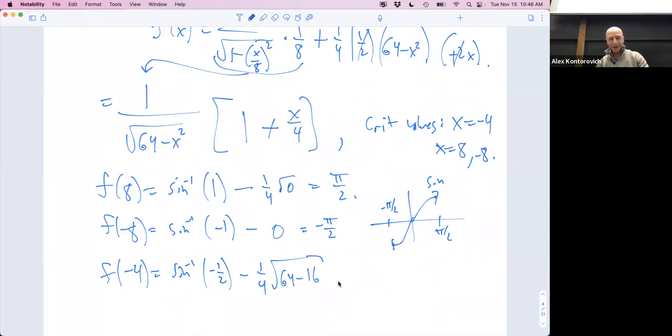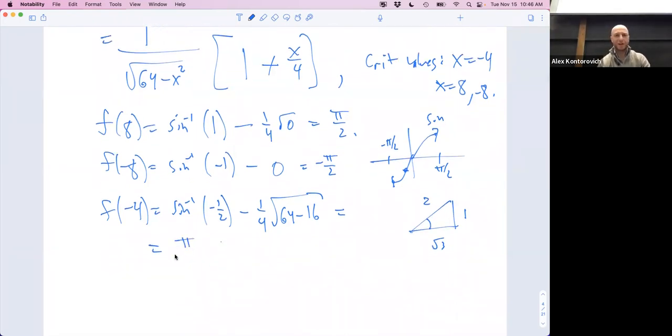Ugh. Okay. Sine inverse of -1/2. So where is sine equal to -1/2? I have to draw a picture. This is 1, this is 2, this is √3. That's 30 degrees. 30 degrees is pi over 6.